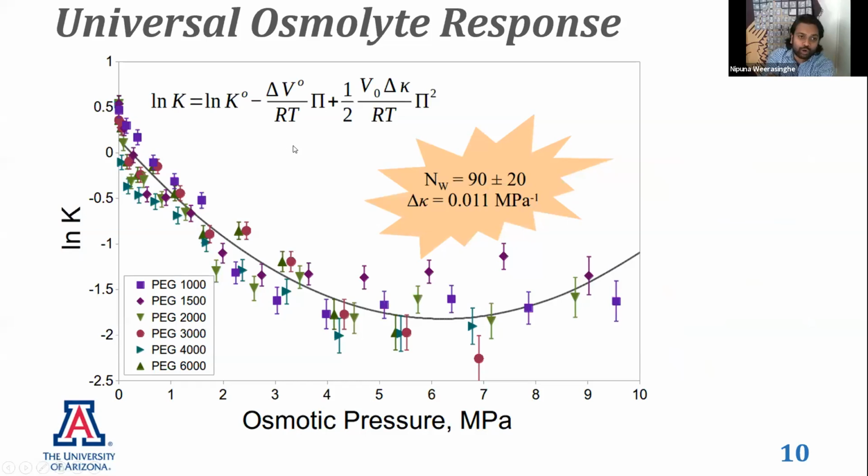We are also able to calculate the number of water molecules influx into rhodopsin by using the linear term. And we are also able to determine the volume change and the compressibility change of the system during the M1 to M2 transition by using the quadratic term.